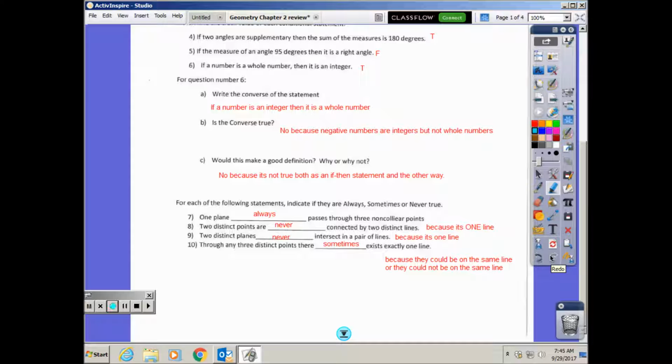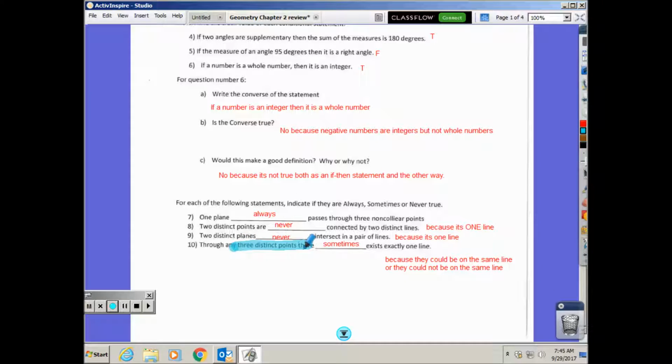And the last one, through any 3 distinct points, there exists exactly one line. So your postulate paper talks about 2 points is a line. And we've talked about in class that 2 points would make a line, 3 points could be collinear, they could be on the same line, or they could not be on the same line.